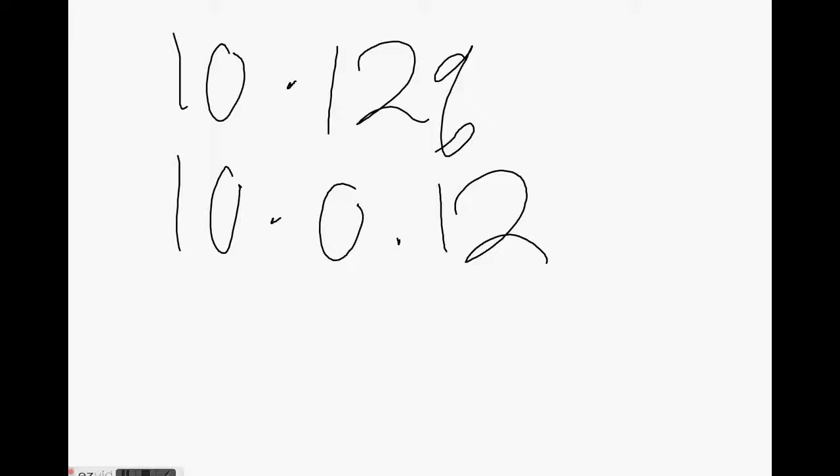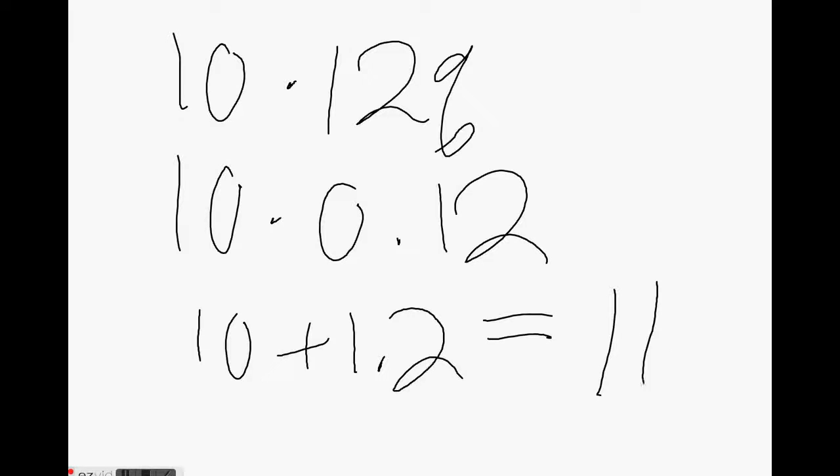So 10 times 0.12 equals $1.20. $10 plus $1.20 equals $11.20. That is how much it is.